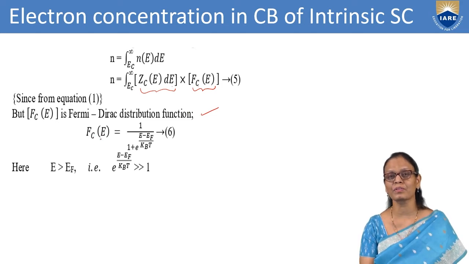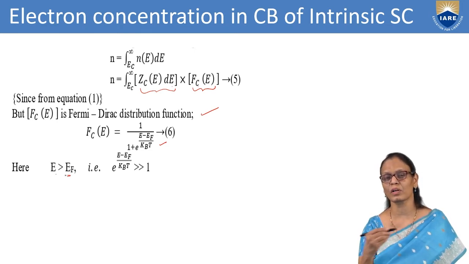So we are going to use the expression and we will simplify it and substitute. Fc of E is 1 upon 1 plus e power (E minus Ef) by kBT. Here E is much greater than Ef. Ef, I told you, is talking about the highest occupied energy level, but E in this case is much higher than Ef.